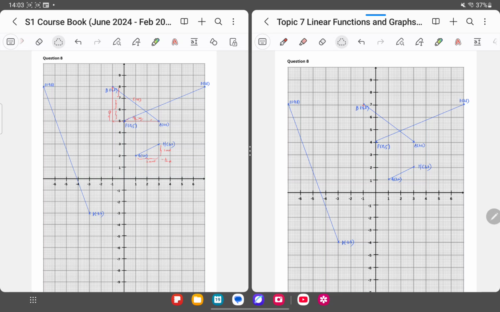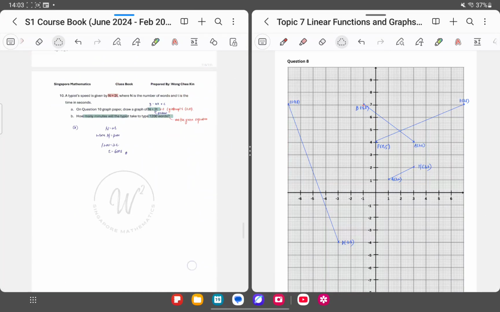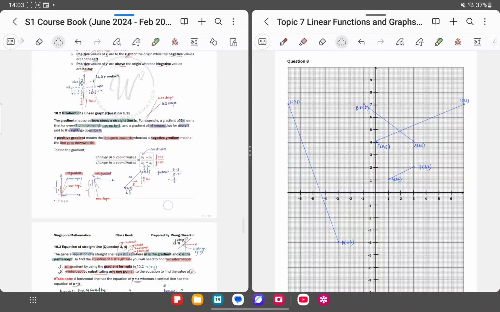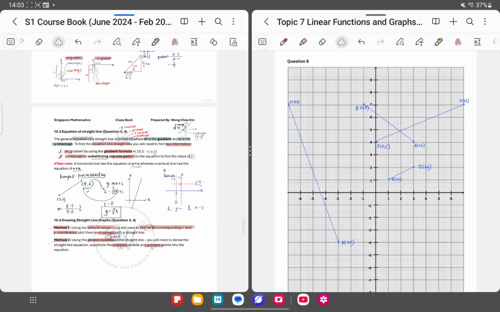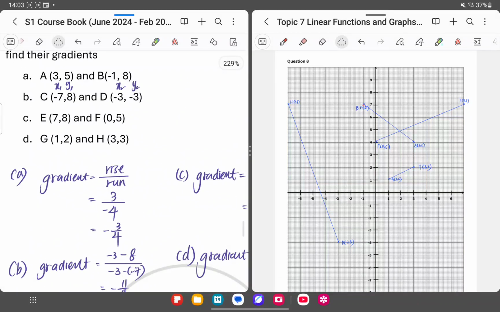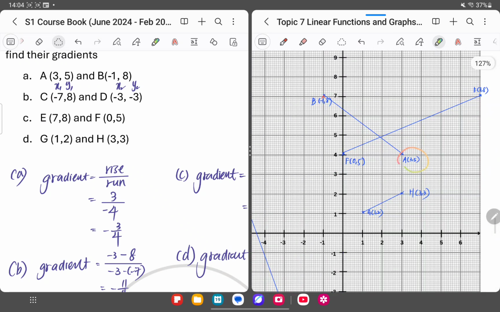So for example, from the question itself here, we can see we have the 2 points, right? So I just have to draw these 2 points over here. Question A here, sorry. The first one over here is A is 3, 5 and negative 8. So you're supposed to be here 3, 5 and negative 8.